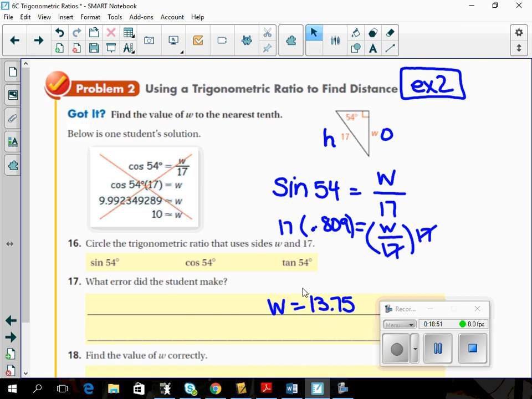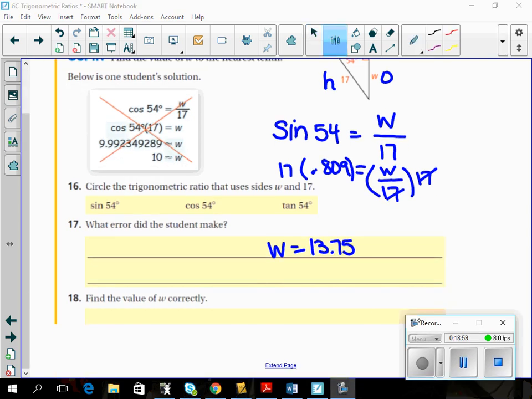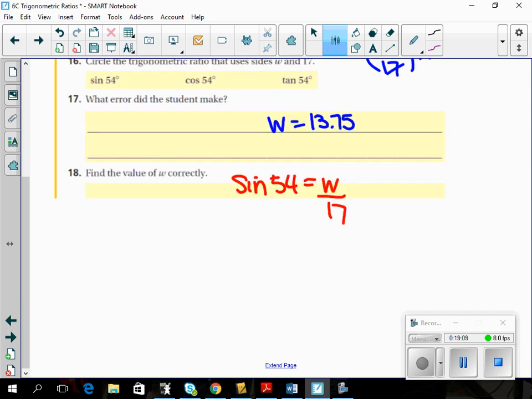Some people like to do it all in one step, so I'm going to show you that. If I have the sine of 54 is equal to W over 17, can I just multiply by 17 right now? If I multiply by 17, don't I have just W?